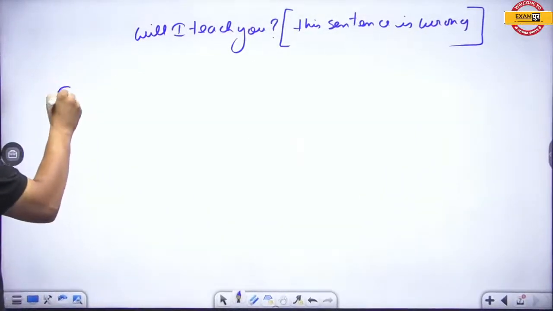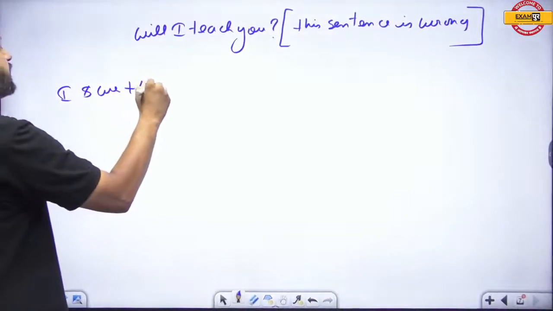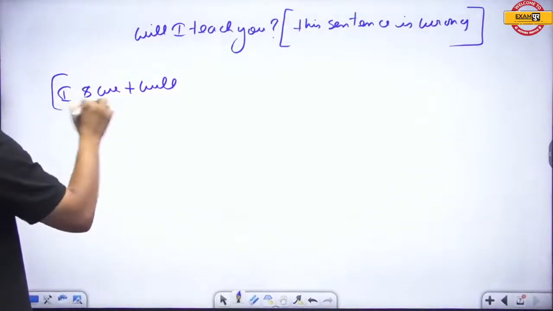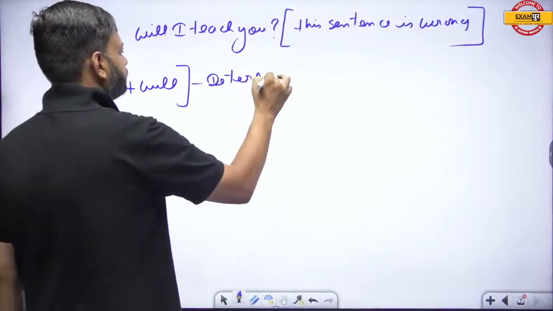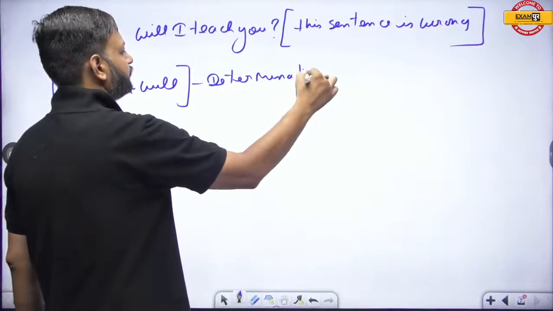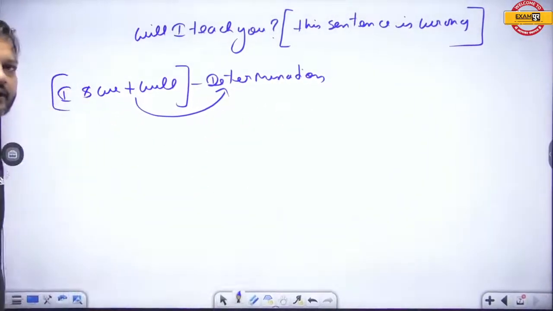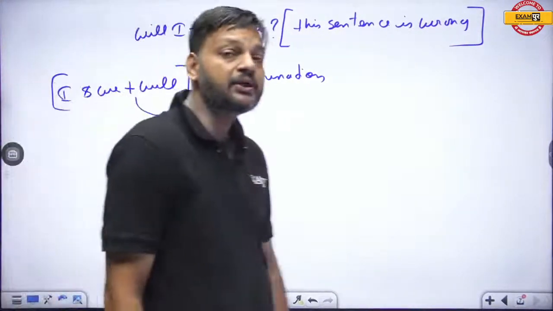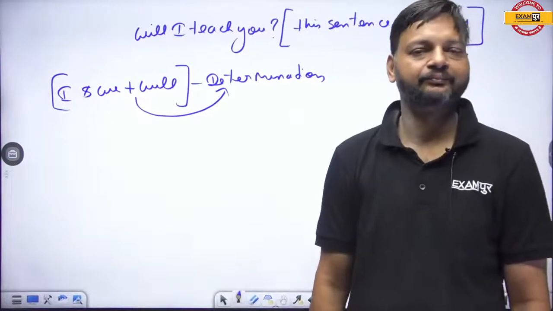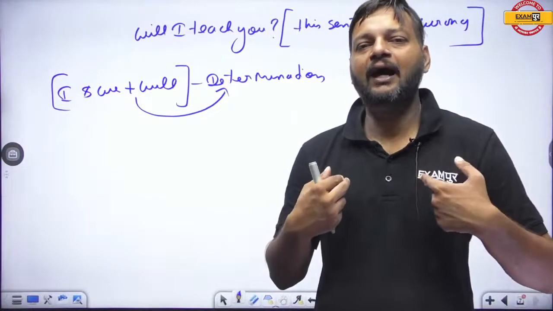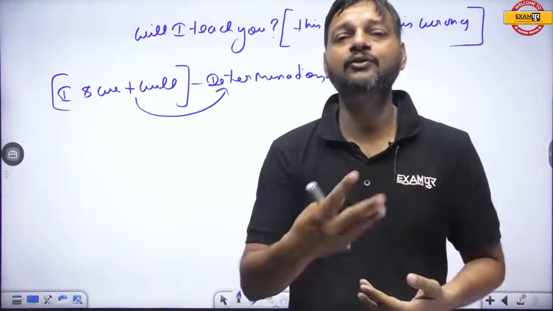Now see the reason. I and we with will shows determination. And determination is something that you do not ask anyone else. If I have a determination, I know it. How can you ask you?